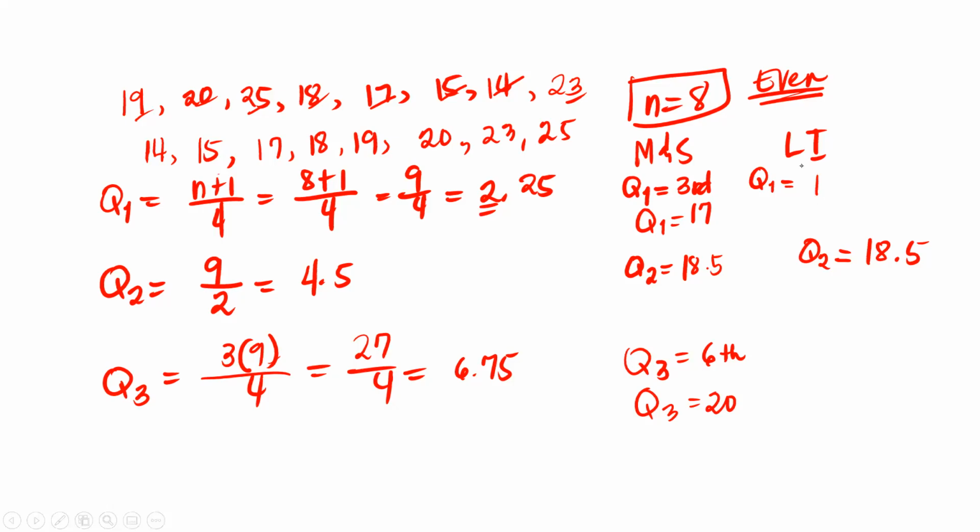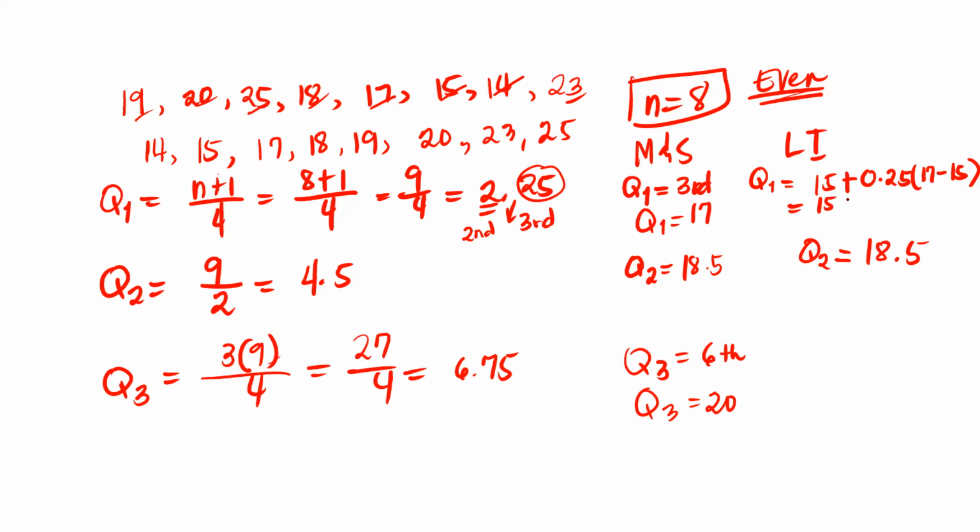15 plus yung 0.25 times the difference nila ng second at third. Kasi ito ay nasa pagitan ng second at third data. So yung third data natin is 17, yung second data natin is 15.